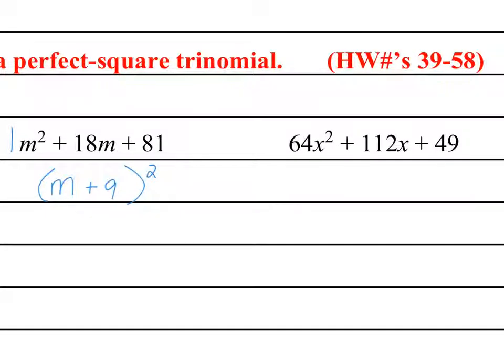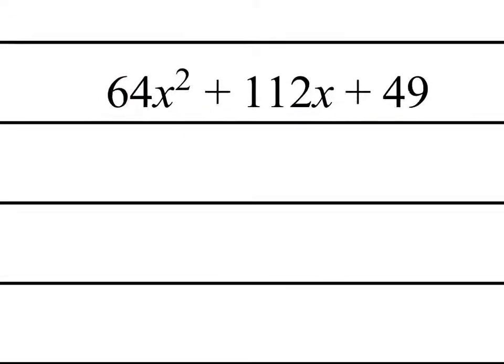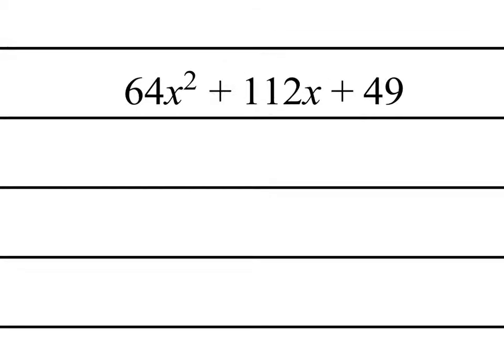And then the last one, okay, don't get freaked out by the number in the middle. Is 64 a perfect square? Yes. Is 49? Yay! So you don't have to factor this. By doing all the work, you know that the square root of 64 is 8, so you'll put 8x.